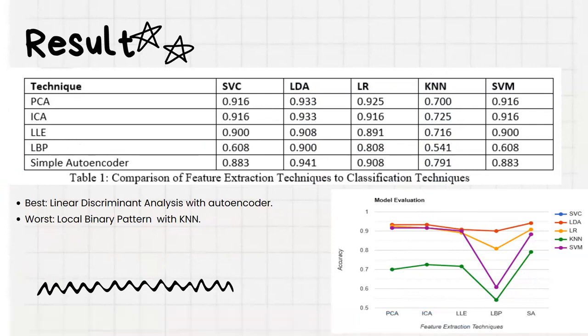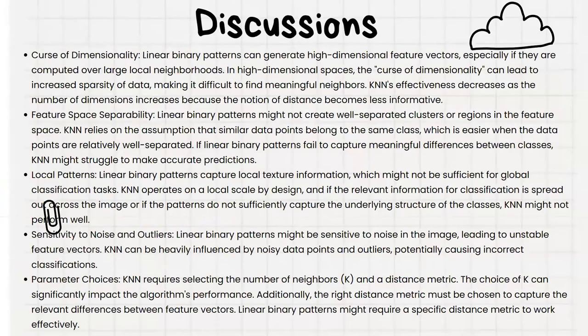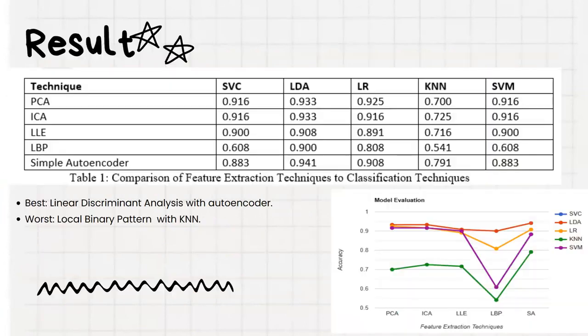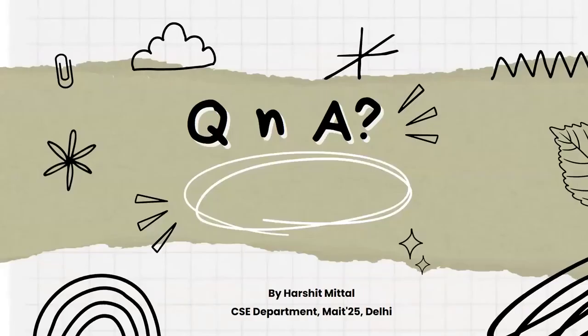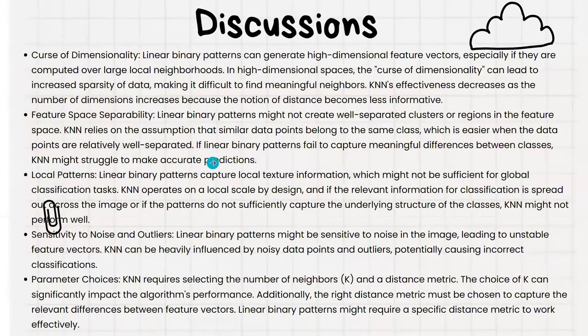There could be much discussion about why the KNN and local binary pattern couple is doing worst here. There are many reasons, like a dimensionality reason, because there are high dimensional feature vectors, and KNN can underperform with such a high amount of features.